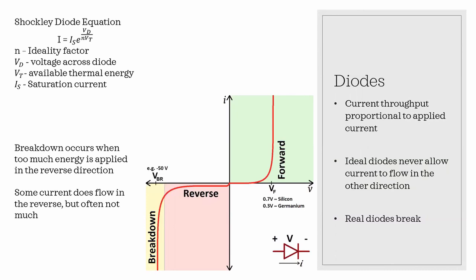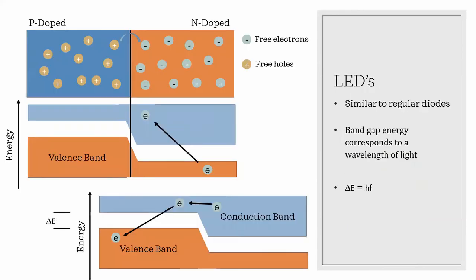So let's see, one of the really neat features that also comes across from diodes is the LED. The LED is very similar to a regular diode. The biggest difference is that the band gap energy corresponds to a specific wavelength of light.